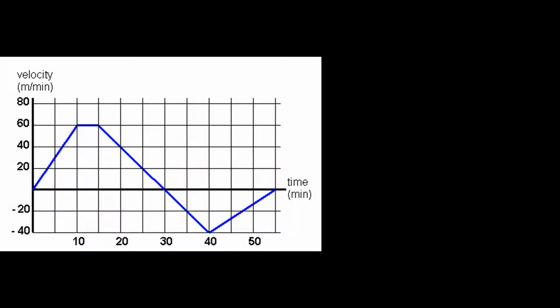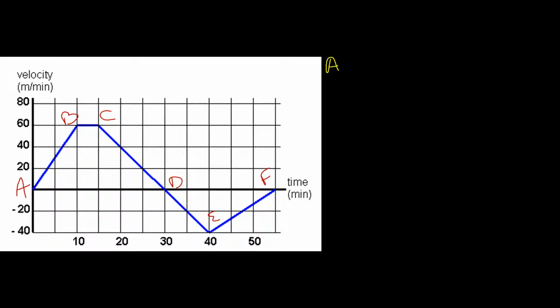So let's take a look at this example. So here we have an example of a velocity time graph, and it looks very similar to our position time graph, but it means something entirely different now. So we're going to label the points the same way: A, B, C, D, E, and F. But these points now mean something a little bit different.